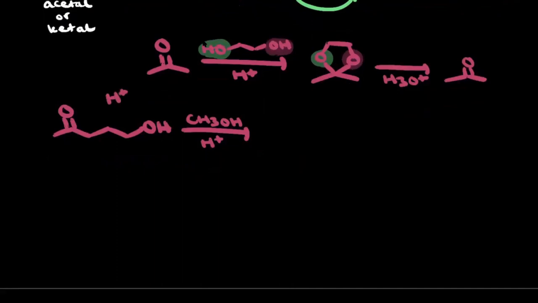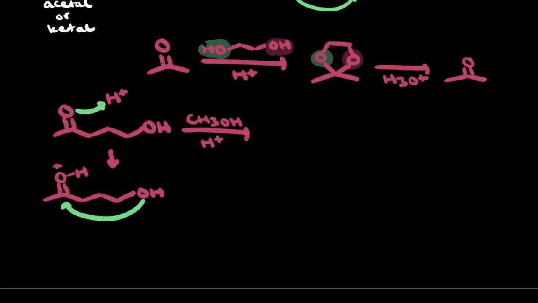is that you're going to go ahead and protonate this guy. So you end up with this protonated intermediate. Then afterwards, you want to swing this guy right over, and you're going to end up forming a 1, 2, 3, 4, 5-membered ring.